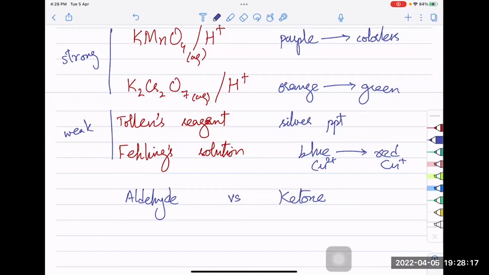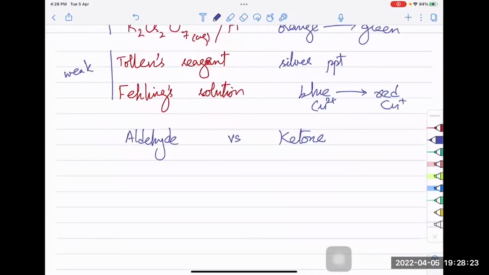The reason we use these and not strong oxidizing agents is क्योंकि हमें एक रैंडम चीज को चेक करना है, एक टेस्ट ट्यूब है जिसमें हमें नहीं पता क्या है. Aldehyde होगा so it will oxidize and Tollens agent or Fehling solution will give me the colors. ठीक है, मतलब अगर मेरे पास Tollens agent होता तो I will get something like this.